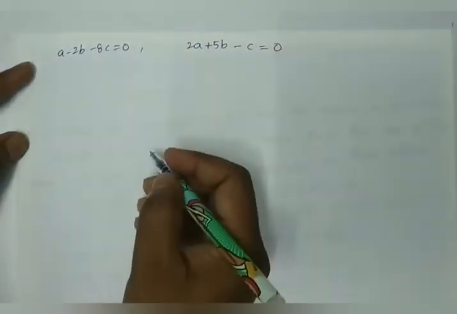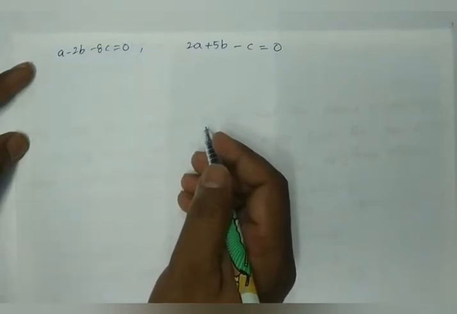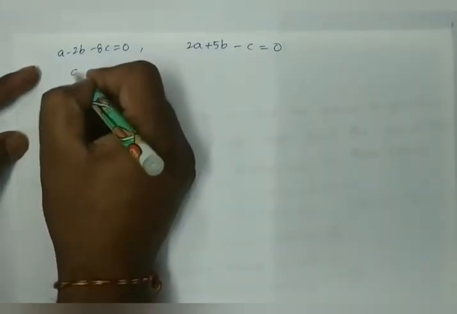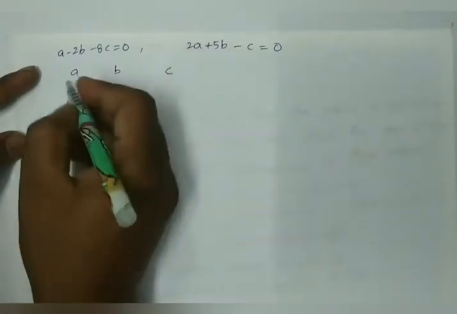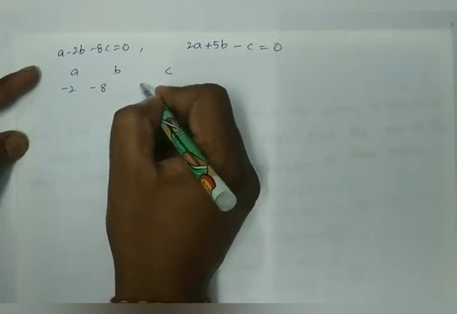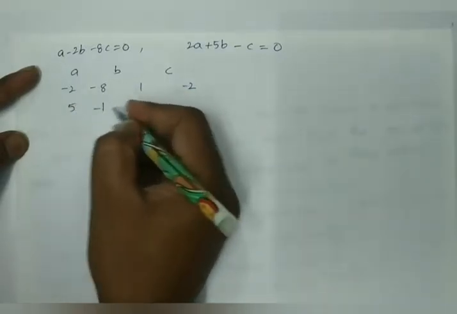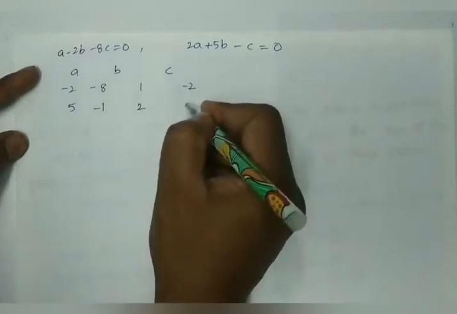Now let us solve these two equations by using the cross multiplication rule. Here this is a, b, c, with coefficients minus 2, minus 8, 1, minus 2, 5, minus 1, 2, 5.